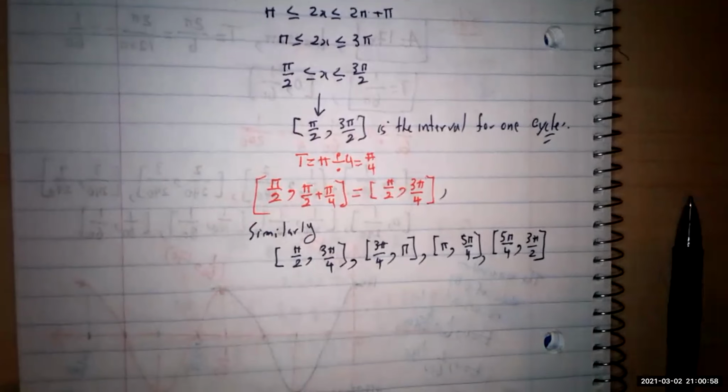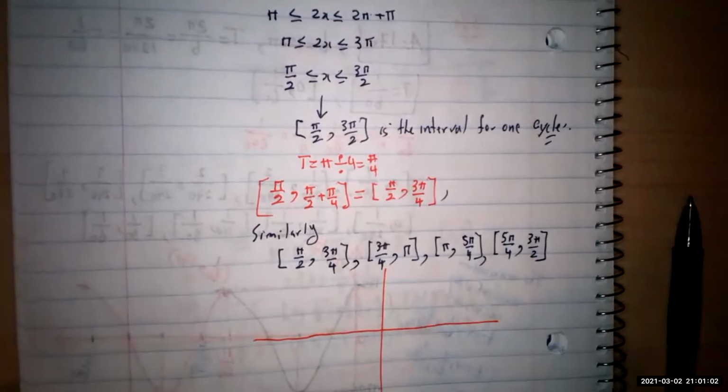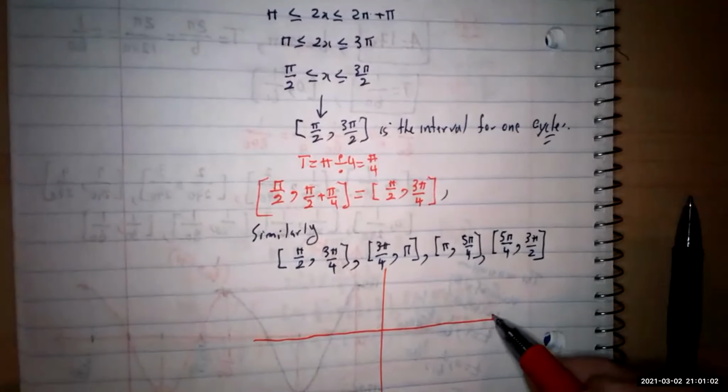And now this is going to be your graph. Now the period that you are interested in is pi half to 3 pi half. You can start as usual and just change it.